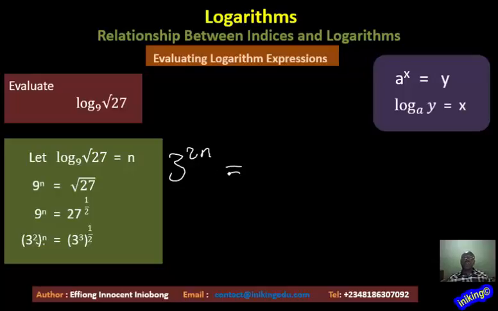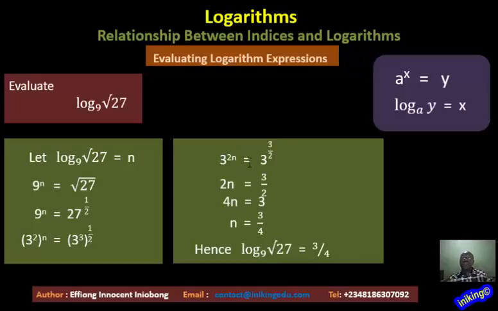And then on the other side, multiplying 3 by half will give us 3 raised to the power 3 over 2. Then, of course, equating the exponents, we have that 2n is equal to 3 over 2. And then solving for n, we have 3 over 4. So, the logarithm of root of 27 to base 9 is therefore 3 all over 4.